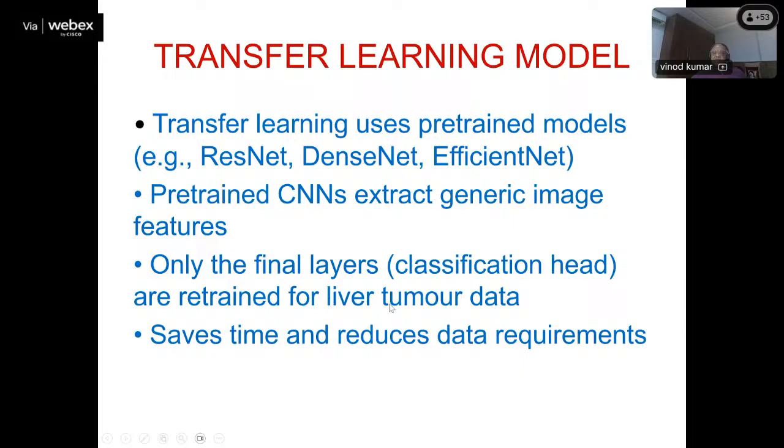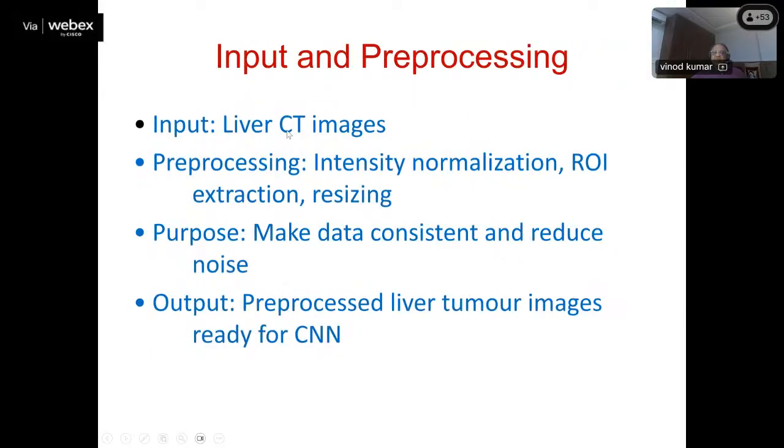So basically we are calculating the features with the help of deep learning by using a transfer learning model. Here the input is liver CT images, then pre-processing of intensity.